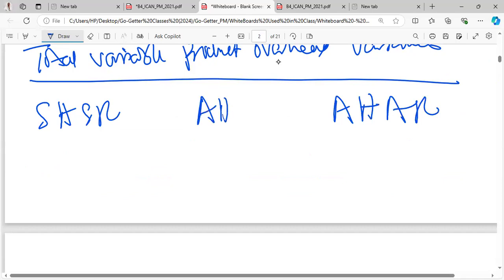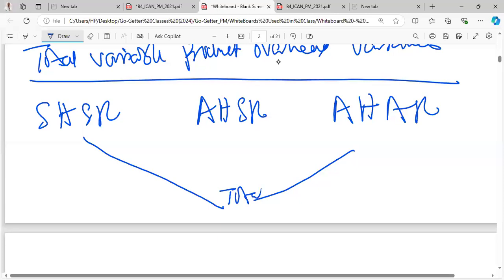In the center we have actual hours, standard rate. We have to do the total. This is going to be total. This is going to be efficiency. This is going to give me expenditure.